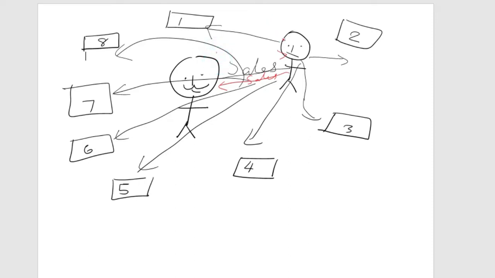Now this manager has to go again to the first store, second store, third store, fourth, fifth, sixth, seventh and eighth store, and he will get the information about which product has been sold the most today, and he will give the information to the owner.